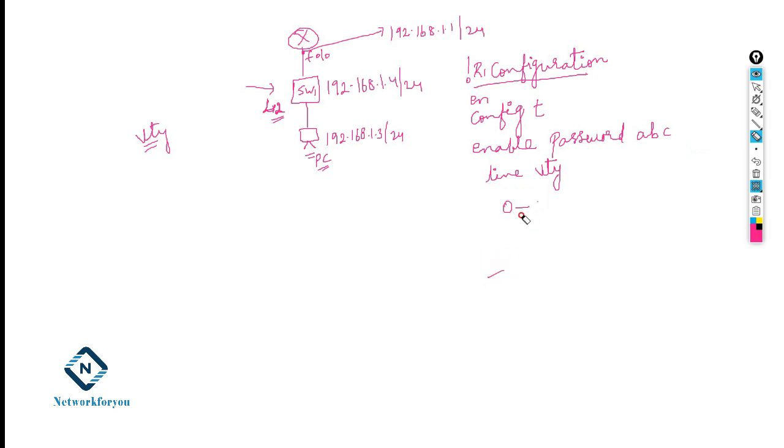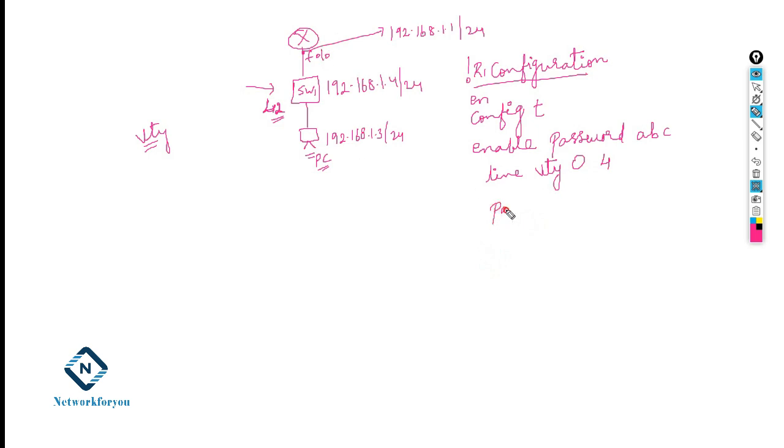If you want to give more guys access at the same time, you can increase it here. If you write 0 to 4, then 5 guys can access this device remotely at the same time. So we will write line vty 0 4.